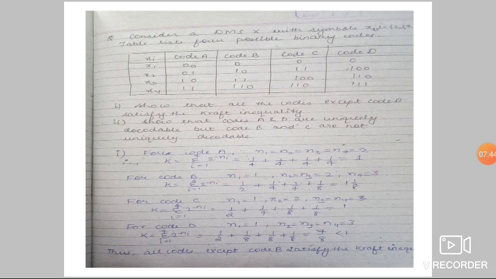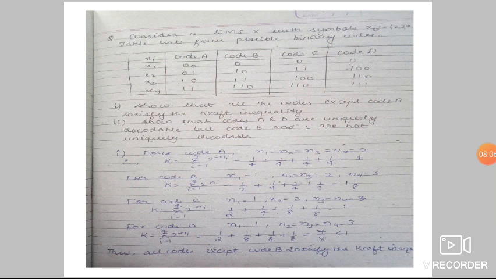For code D, x1 has a code length 1, and x2, x3, x4 have a code length 3. Using Kraft's inequality, we will get 1 by 2 plus 1 by 8 plus 1 by 8 plus 1 by 8. We will get 7 by 8, which is less than 1.